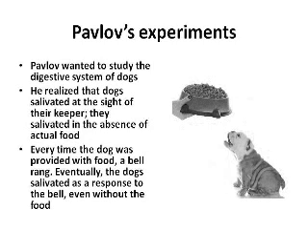But in the midst of doing these experiments and studies, he realized something very interesting, and he came to see that the dogs he was studying salivated at the sight of their keeper, not at the sight of food, but at the sight of their keeper. So they salivated in the absence of actual food.